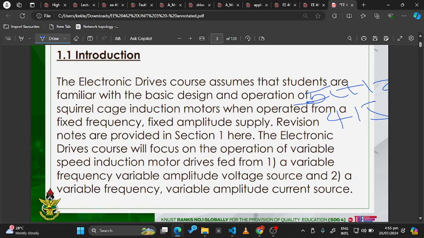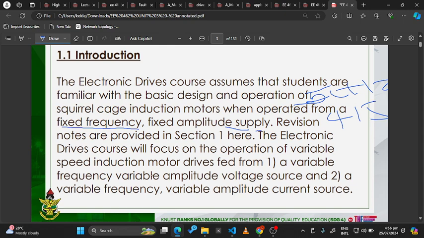What we are looking at differently this time around is that we want to change the amplitude of the supply and also change the frequency of the supply. So we are going to look at variable frequency, variable voltage drives.